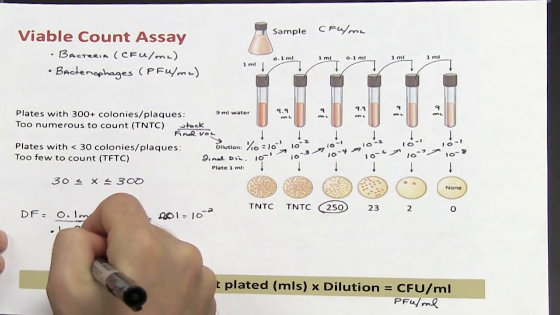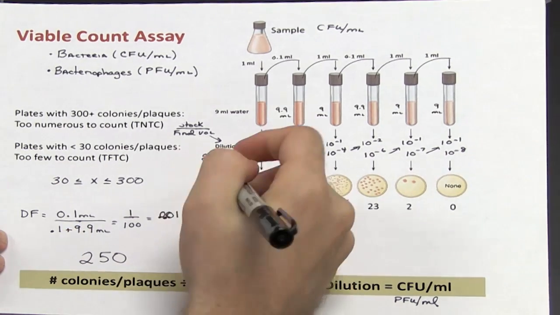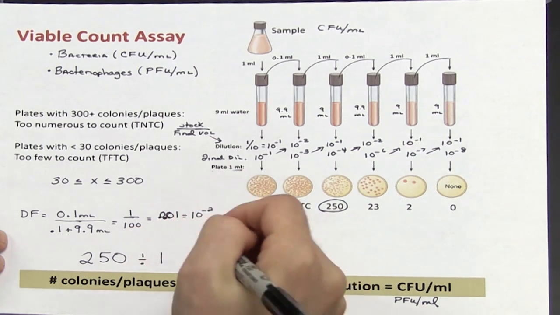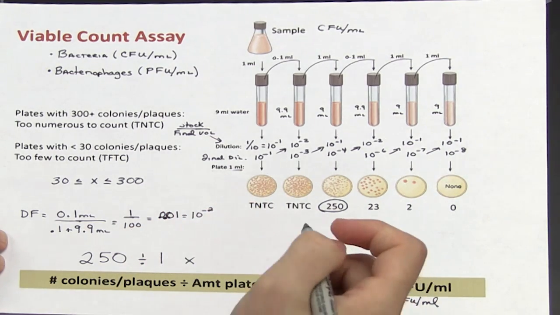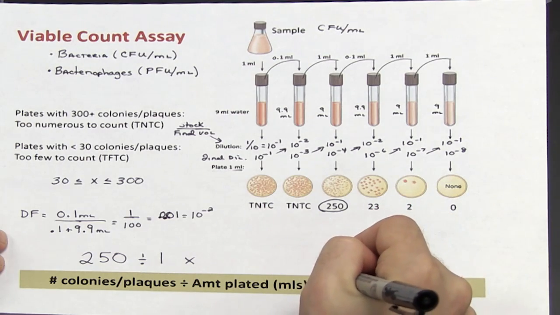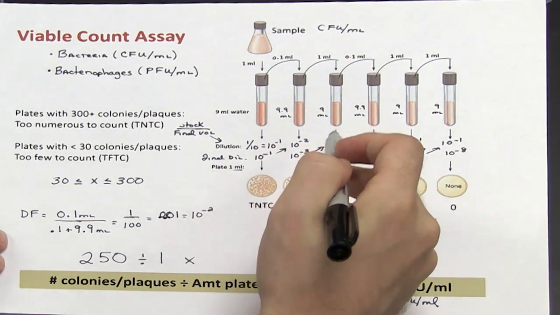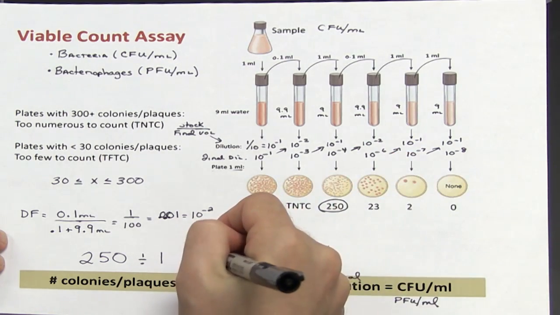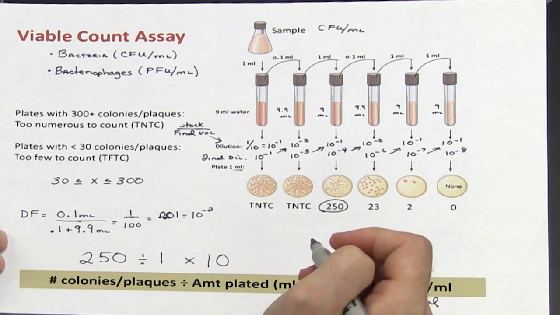So the number of colonies I have here is 250. I plated 1 mil, so that's going to be divided by 1 mil, times the dilution. Here I use my final dilution. This test tube has a final dilution of 10 to the minus 4. So I will write 10, and then I will switch the sign.